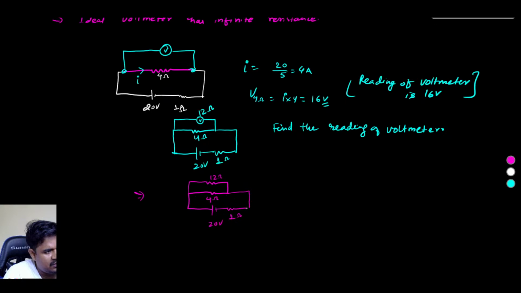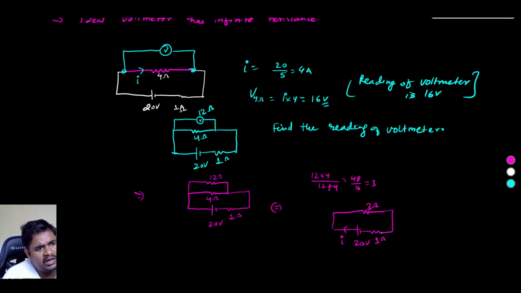So 12 and 4, if I calculate 12 into 4 by 12 plus 4, you will get here 3. 48 by 16, that is 3. So the current passing through the battery, this is 20 volt, 1 ohm, and 3 ohm.